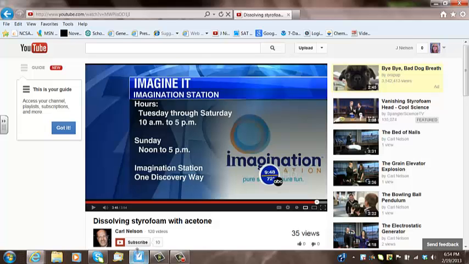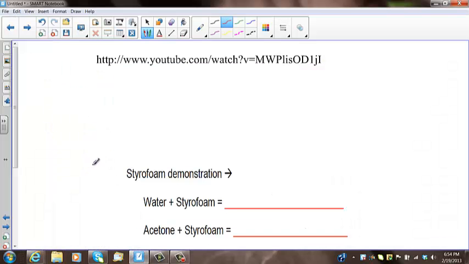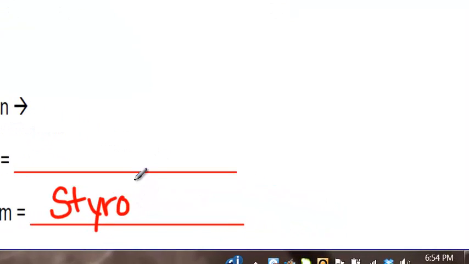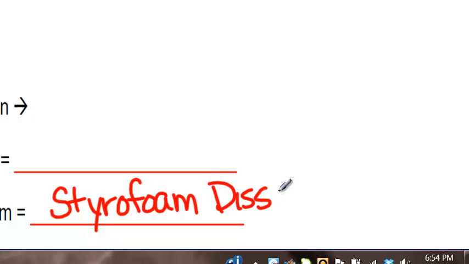Okay, so a little demonstration on acetone and styrofoam. As you can see, acetone and styrofoam equaled the styrofoam dissolving. And I think that you know that water does not dissolve styrofoam, because you can take styrofoam and put it in a cup, and you can take water and put it in a cup and it won't dissolve.